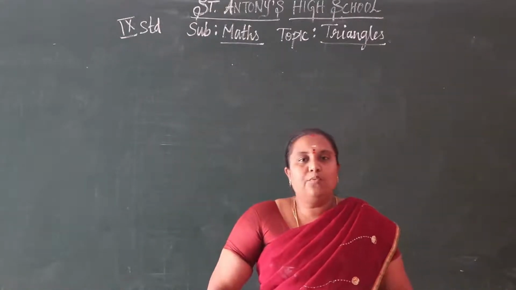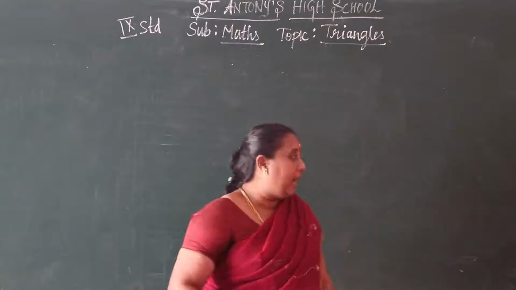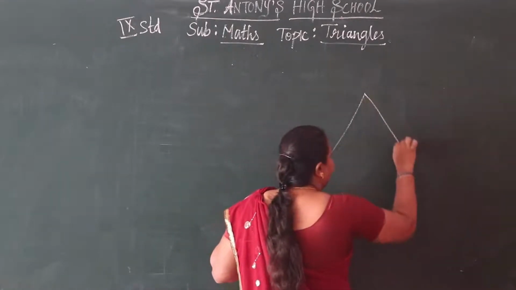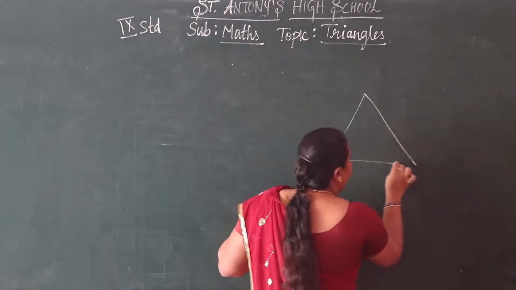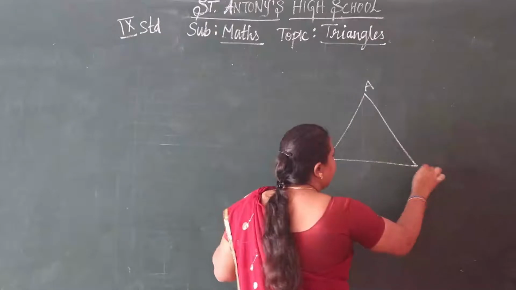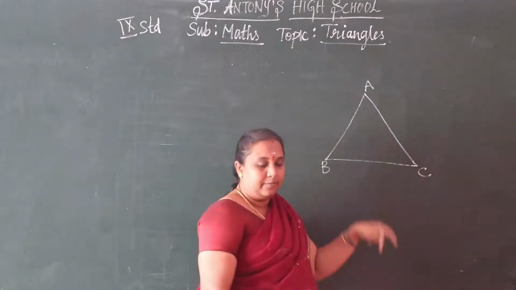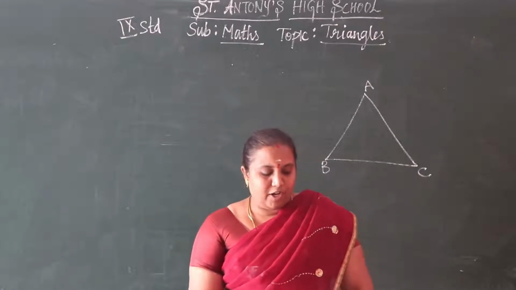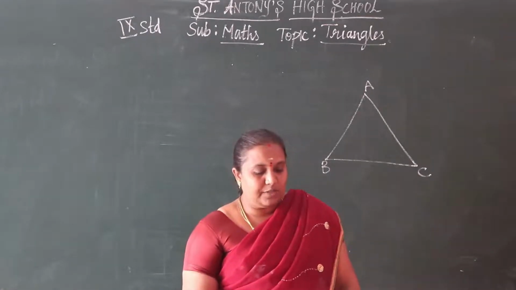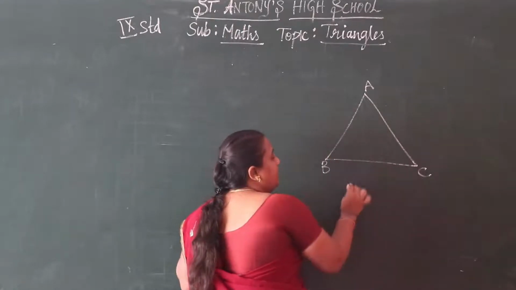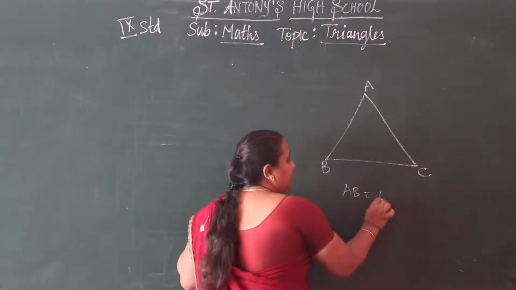So here also we have an isosceles triangle ABC, and it is given in your question. E and F are respectively the midpoints of the equal sides AB and AC. So equal sides means AB equals AC.